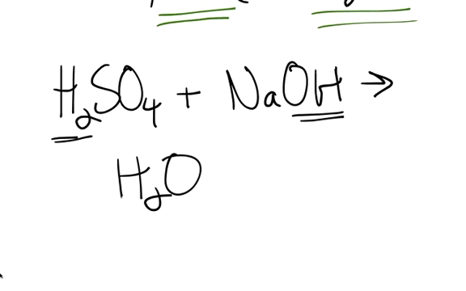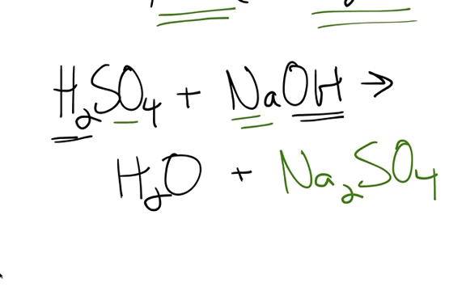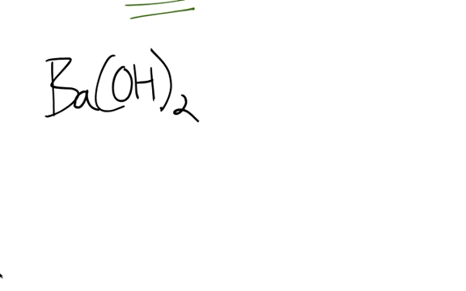We'll take out the hydroxide. The hydrogen ions will form water. And then our salt this time is the sodium with the sulfate, Na2SO4. So we could throw any acid and base together and do a similar thing. We know it's water, and whatever the other ions are going to make up our salt if we have a strong acid-base reaction. Let's try just one more, maybe barium hydroxide.